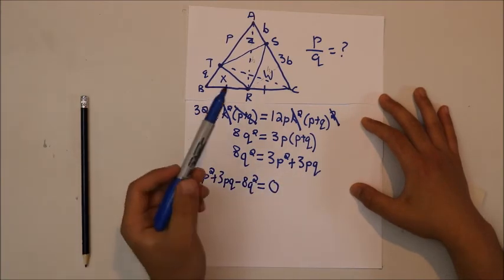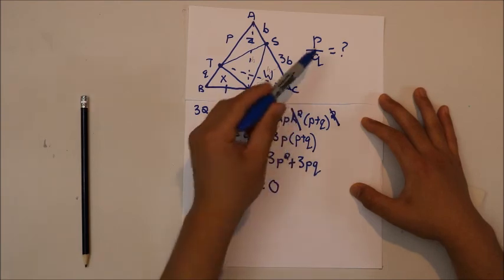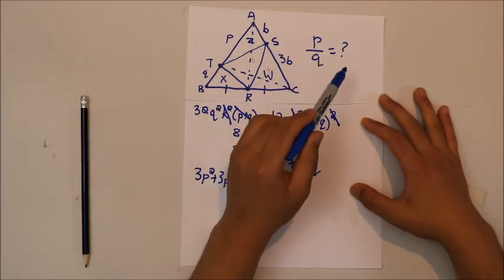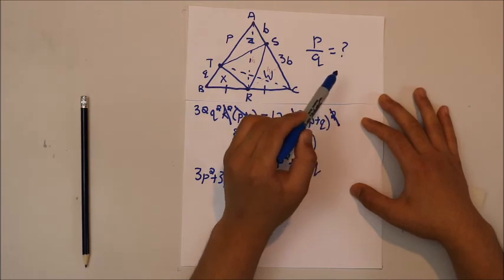So we know that P divided by Q is equal to some number we do not know, and we write it as a question mark.